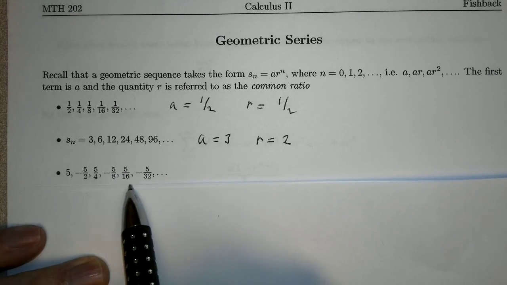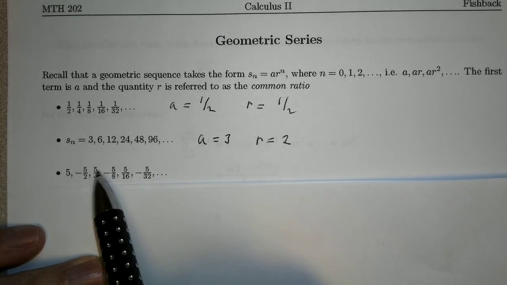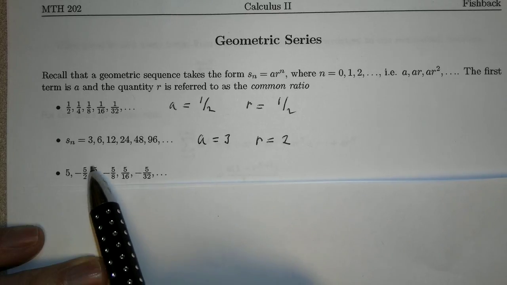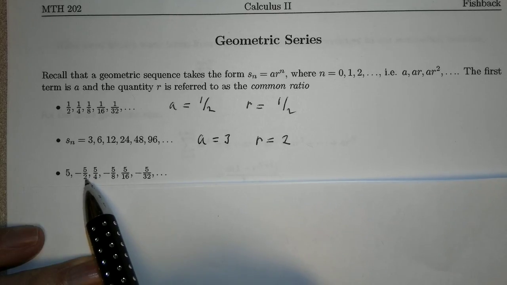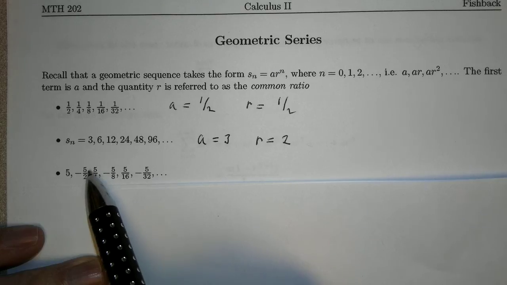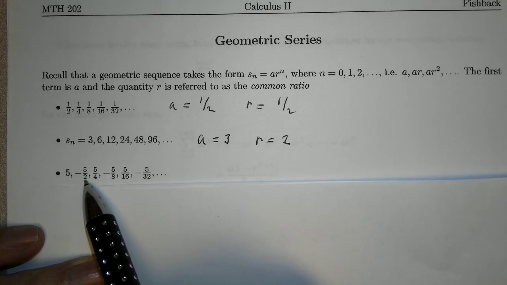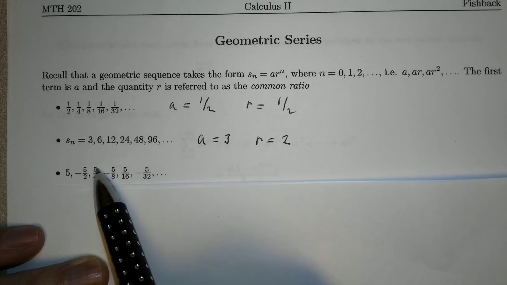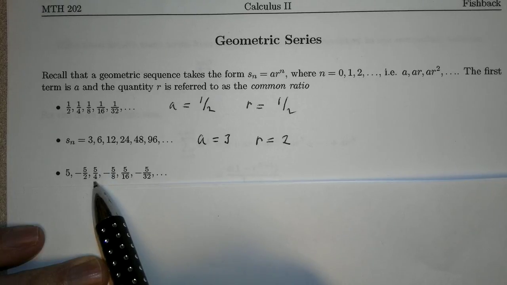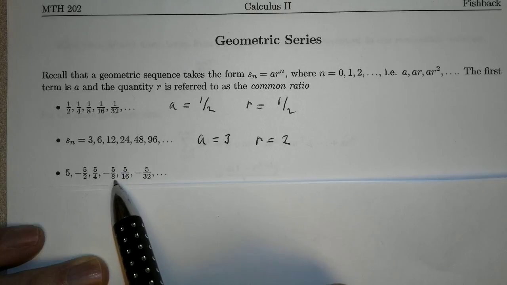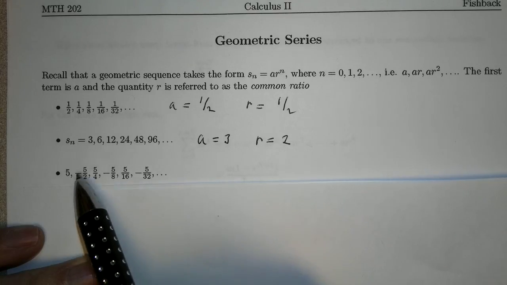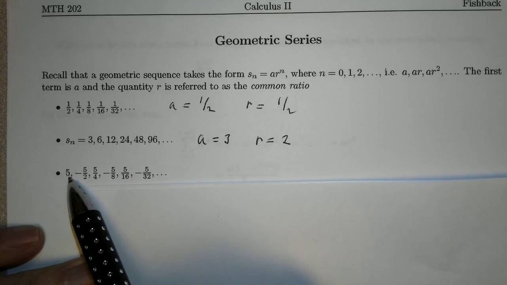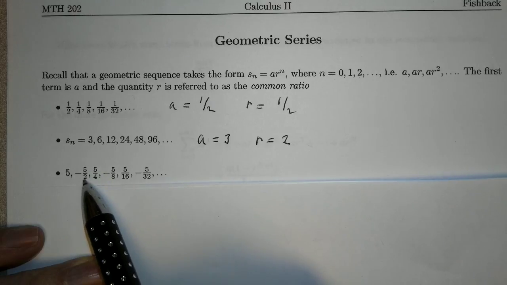Now here's one that flips back and forth with positive and negative signs. What do I multiply 5 by to get minus 5/2? Well, it's minus a half.